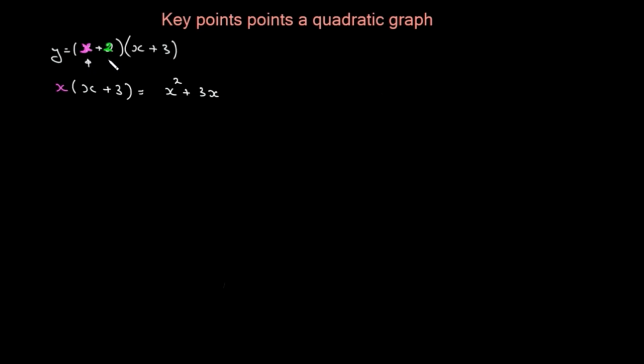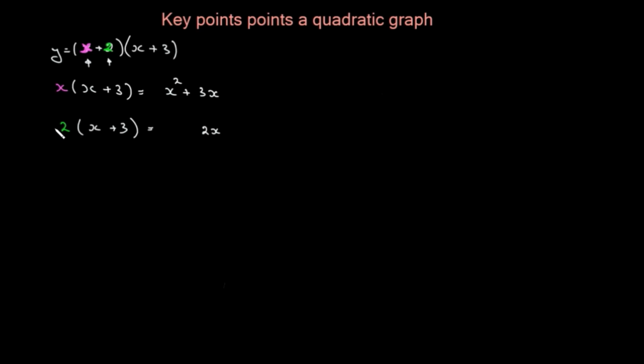We're now going to deal with the 2. Okay, so we have 2, which multiplies everything inside that bracket. So we have x plus 3 equals 2 lots of those is 2x. This is the column for x's, so that's 2x.